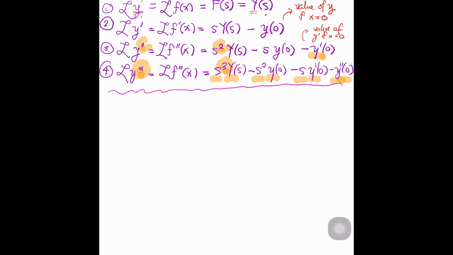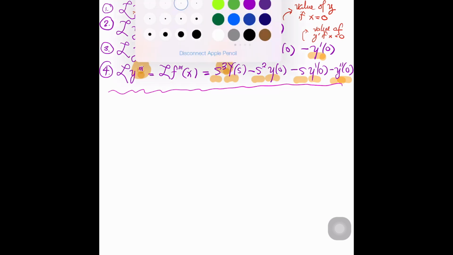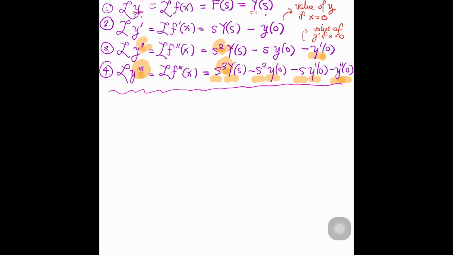So let's solve an example. Let's solve y double prime plus y is equal to 0. If that's the given differential equation, we'll be dealing with a general solution.